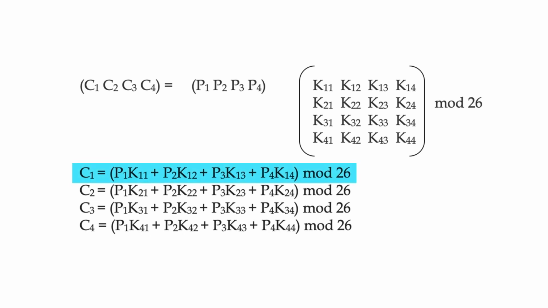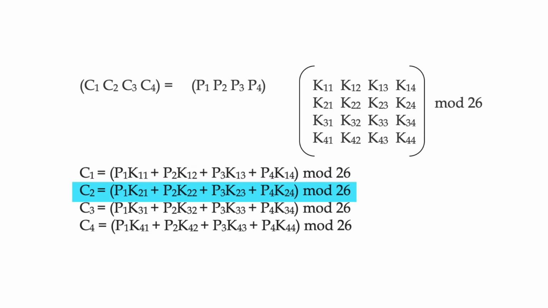C1 equals P1 K11 plus P2 K12 plus P3 K13 plus P4 K14 mod 26. C2 will be P1 K21 plus P2 K22 plus P3 K23 plus P4 K24 mod 26.